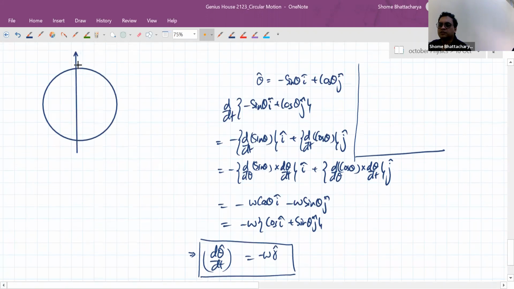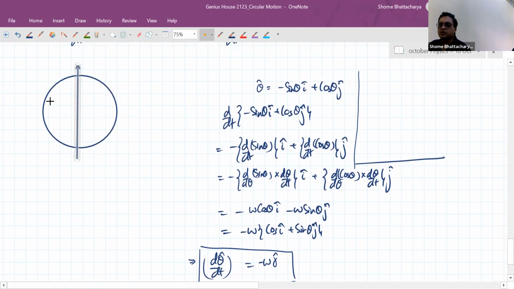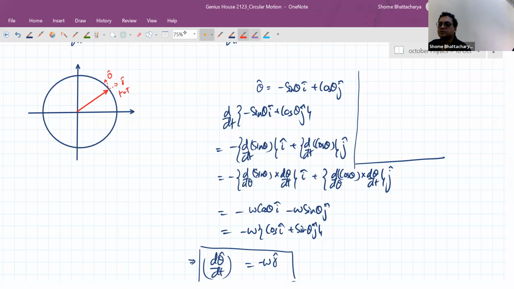So once again, if you visualize in our circular motion, this was my position of the particle at some time t. Accordingly, this was my r cap and this was my theta cap at that time. Now after some time, the position has changed to this.